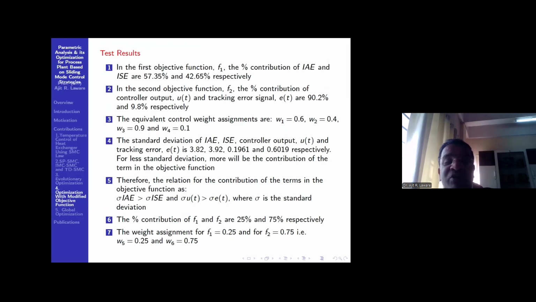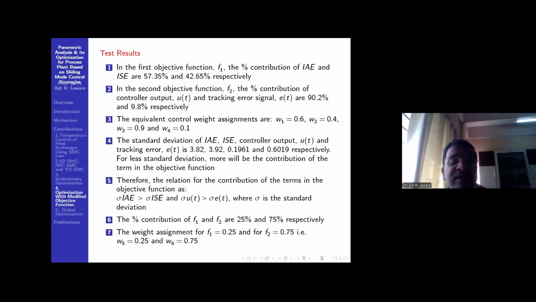In the first objective function F1, the percent contribution of IAE and ISCE is 57.35% and 42 point something, so it is near 60% and I am taking 40%. So the weights will be 0.6, 0.4. So 0.6 plus 0.4 is 1. So this is the first criterion.